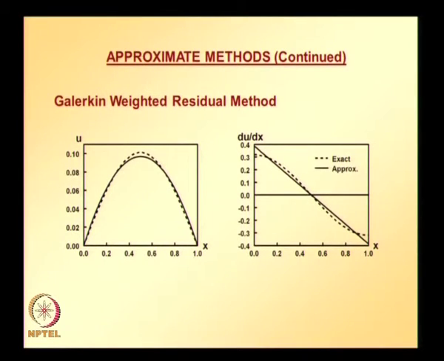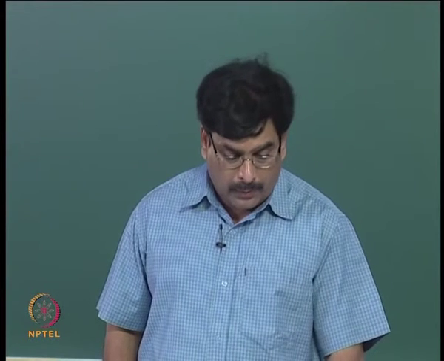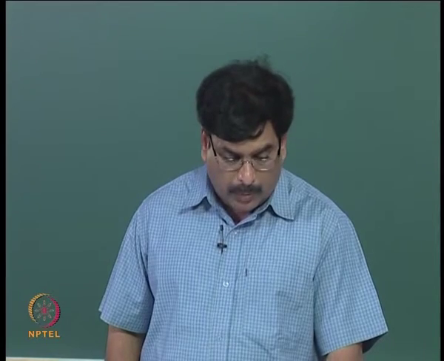So also we noted in the last class that if you see the basic Galerkin criteria, the computation of residual requires differentiating the trial solution as many times as the order of the highest derivative in the boundary value problem.